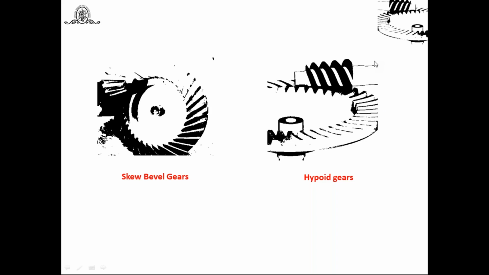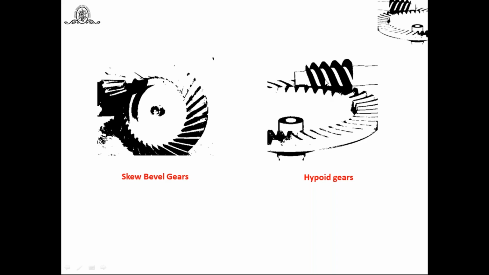But why hypoid? Again, its axes are non-parallel, non-intersecting. Here this is the axis and this is the axis. That's why hypoid. Hypoid means a spiral bevel gear having an offset, non-parallel, non-intersecting. Skew bevel gear means straight bevel gears, non-parallel, non-intersecting, having an offset. This is the basic difference.